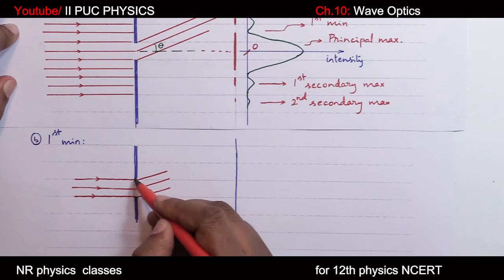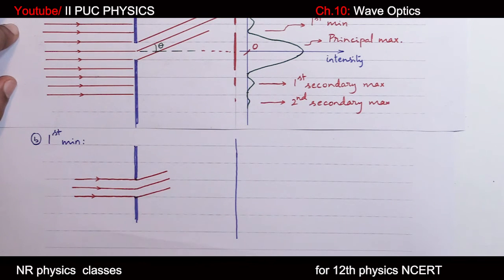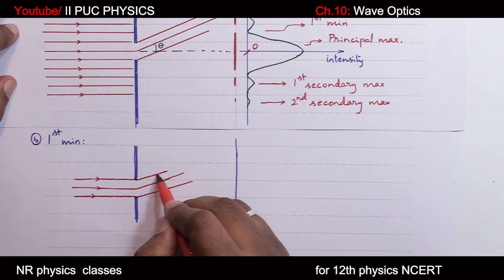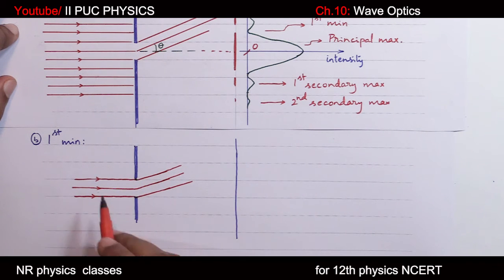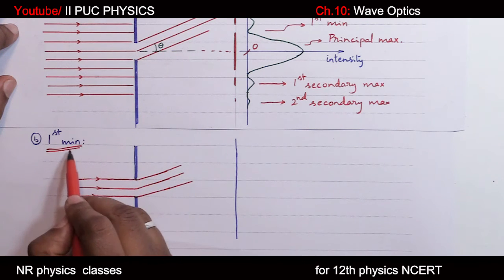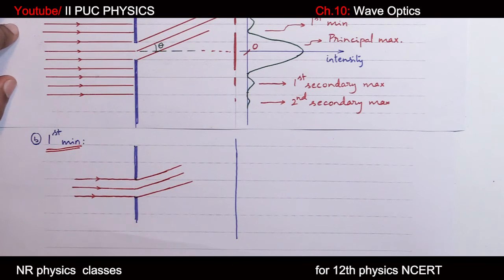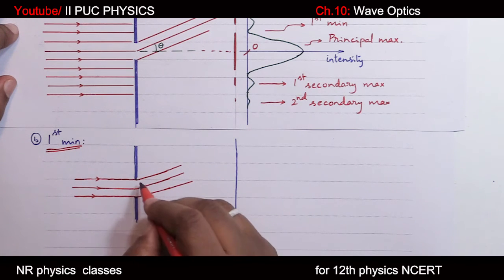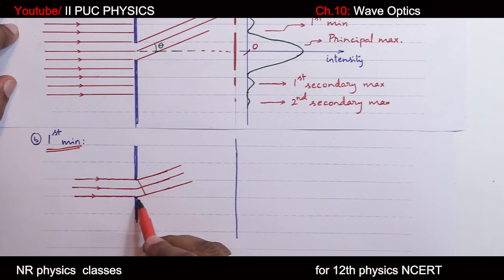Now let me divide this gap into two equal halves. I am trying to explain first minimum, students. Please concentrate. Now, what is the path difference between these two means? I should draw perpendicular. This extra length is the path difference.